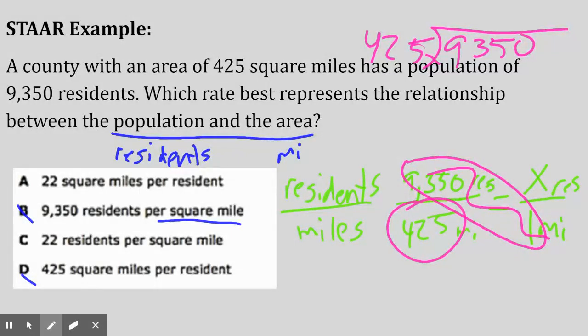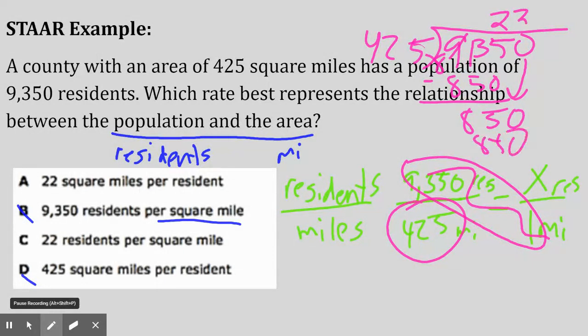So I know that 425 can go into 935 2 times. And that would give me 850. Bring down my 0. 425 can go into 850 2 times. And I'm left with x equals 22 residents.